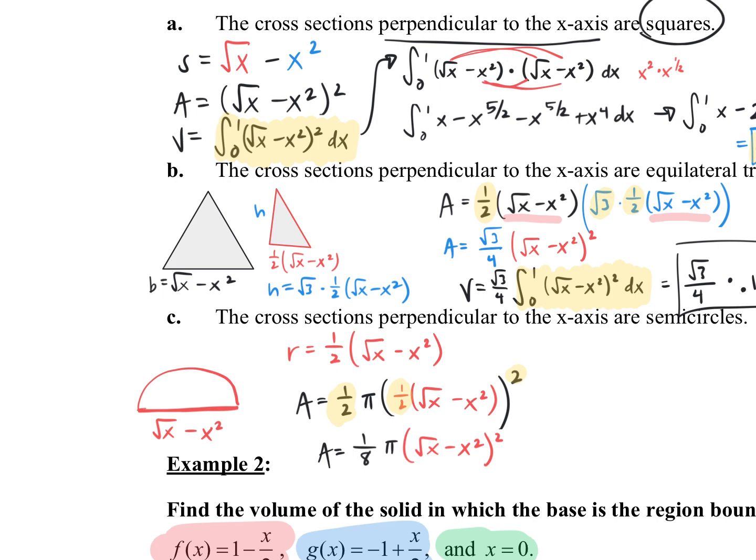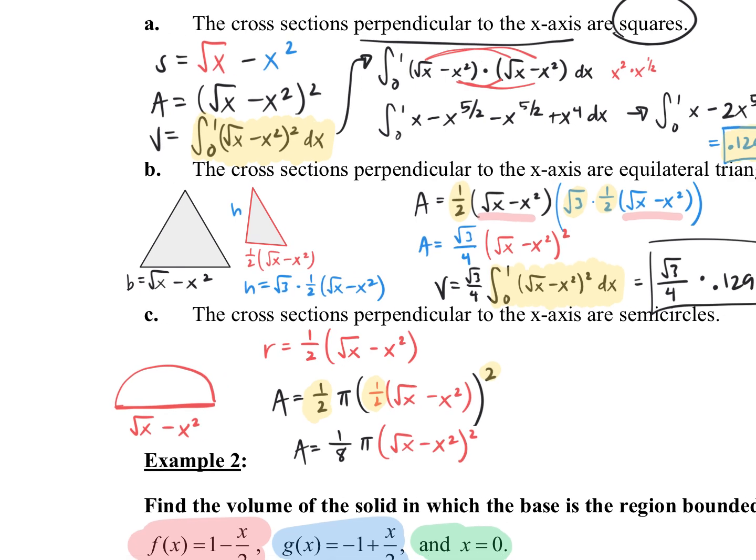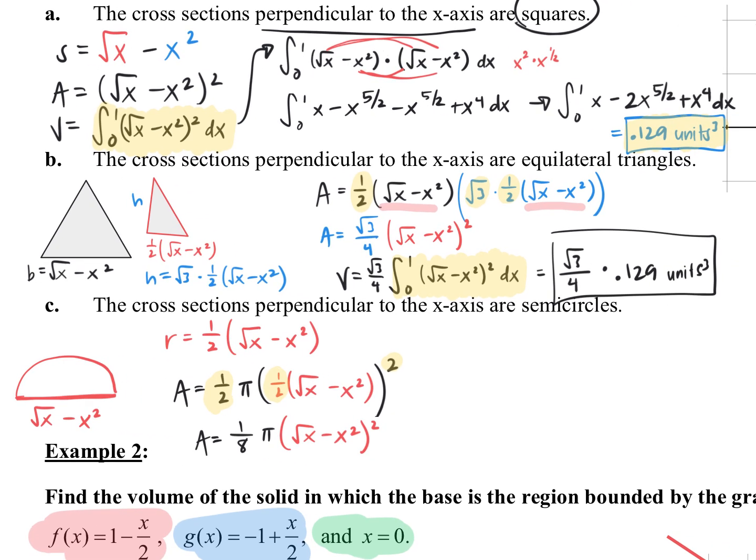So I found the area. If I want to find the volume, well, volume is just equal to the integral of my area formula. So I'm going to put that 1/8 pi out in front, because it's just a constant. And then I'm going from 0 to 1 of my square root of x minus x squared dx.